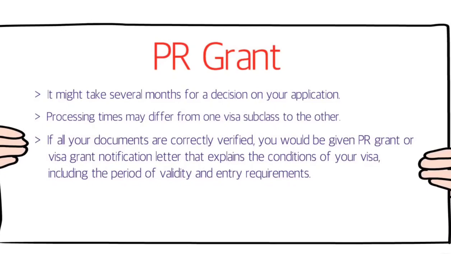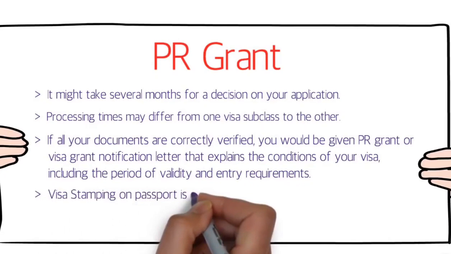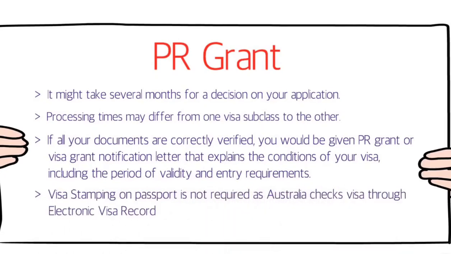You can come back obviously, but you have to land there for the first time in that period. Also, visa stamping in the passport is not required, like in the case of Canada. It's not required here, as Australia works on e-visas now, and your visa would be checked through an electronic visa record.